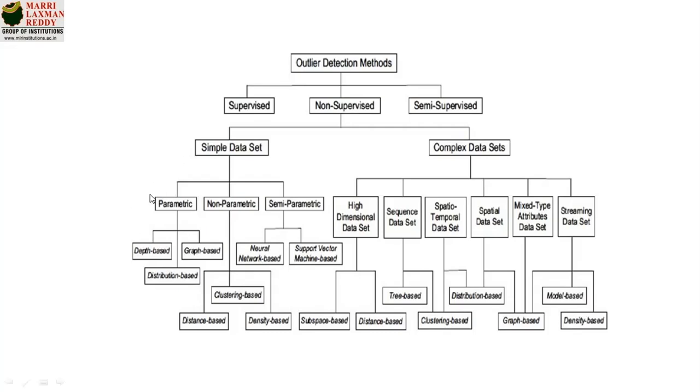Initially, talking about the parametric method: in the parametric method we have three different types of detection, based on depth based clustering methods, graph based clustering methods, and also distribution based clustering methods. These all belong to parametric methods. These concepts will be applicable whenever you use different types of data sets, when you are implementing them in your projects or applying them for various analyses.